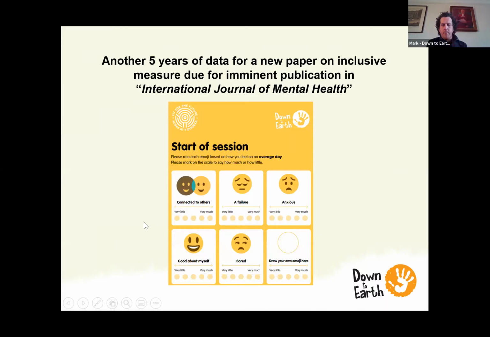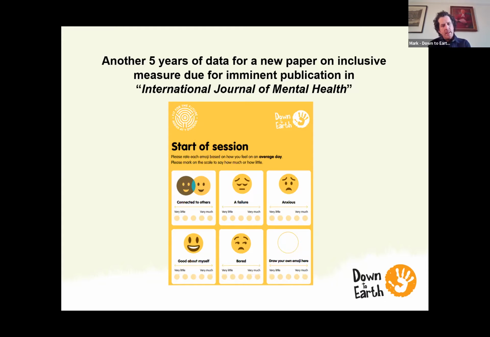And then there's another paper which is imminently due to be published in the same journal, the International Journal of Mental Health, on inclusive measures. If we are going to become more inclusive in our way of working, we want to become more inclusive in how we measure, so that the measures don't unintentionally exclude a particular demographic, i.e. people who may not be able to read particularly well or have particular levels of emotional intelligence that enable them to engage with a questionnaire based on psychological state.